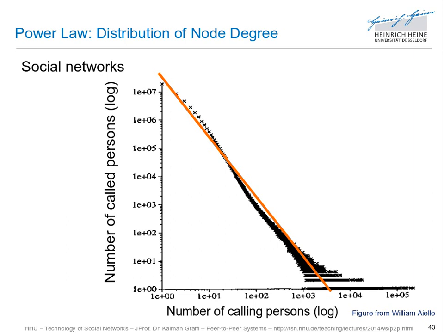Here we can see that plenty of persons called just a few persons, and only a few persons called lots of persons. So for example, here we have a person that calls a lot of persons. So we have again somehow a Zipf distribution.